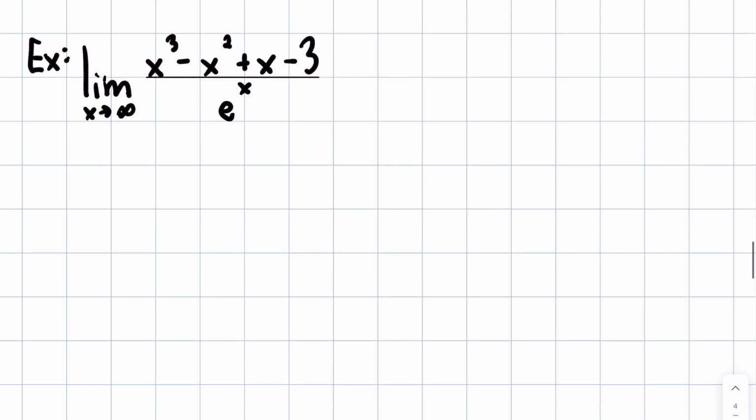Now, sometimes we have to L'Hopital more than once, and that's what we're going to see with this problem. So if we plug in infinity here, at the top we have infinity cubed minus infinity squared plus infinity minus 3. It's going to come out to just be infinity. And then like we said earlier, e to the infinity is infinity. So this is a case that we can L'Hopital.